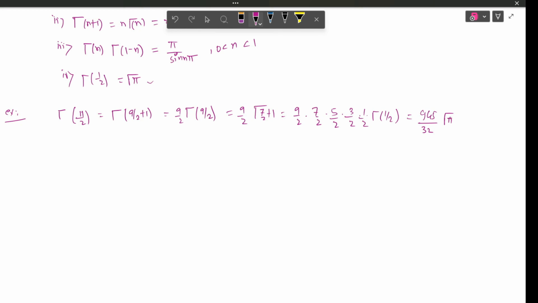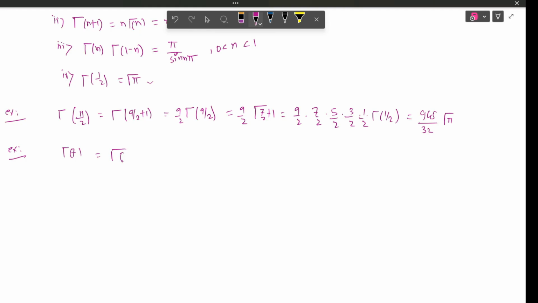Now if you want to evaluate, let us say, gamma of 7. Now what is gamma of 7? Gamma of 7, we can say that it is 6 plus 1, right? So it would be n factorial.